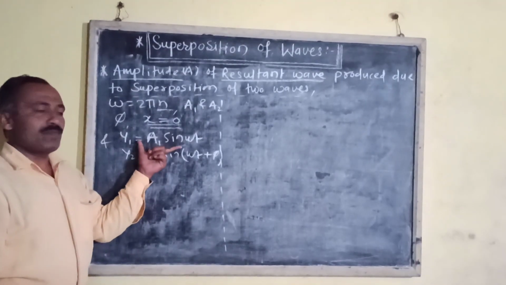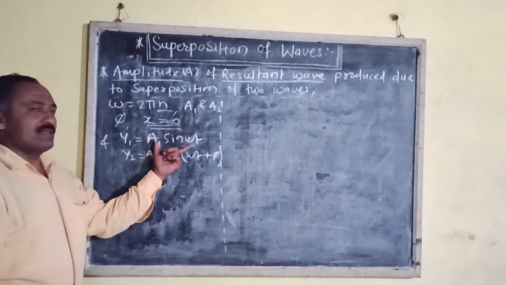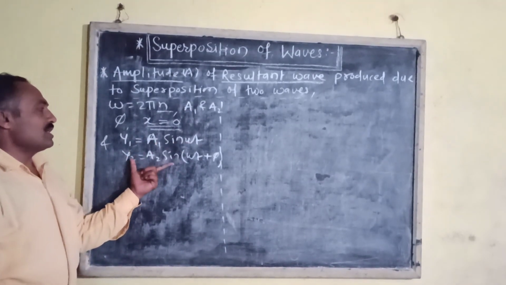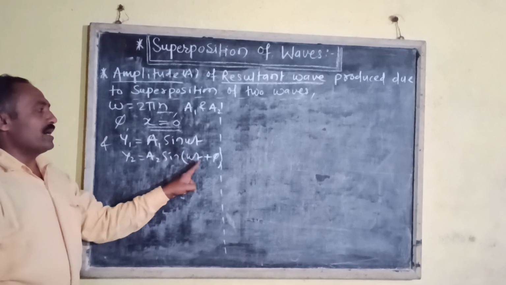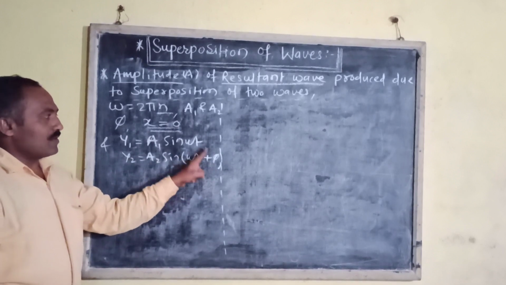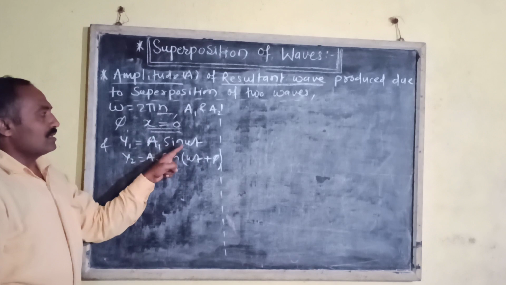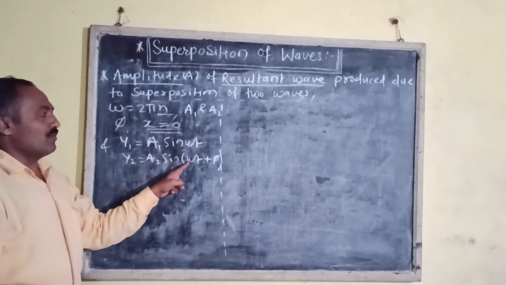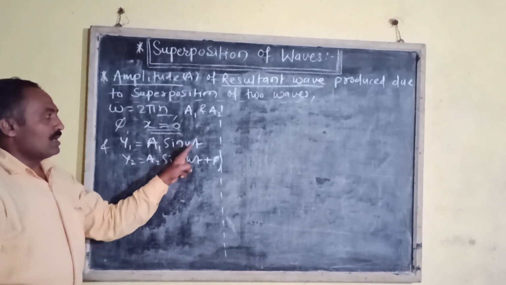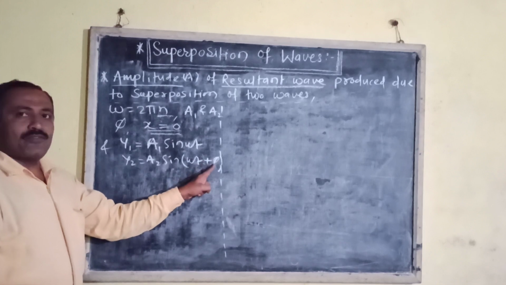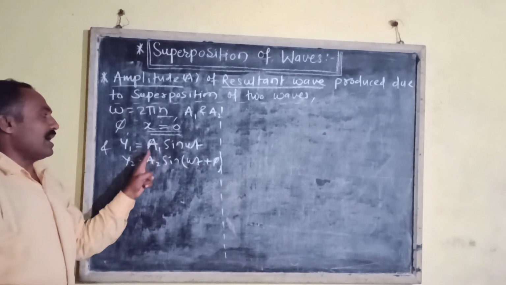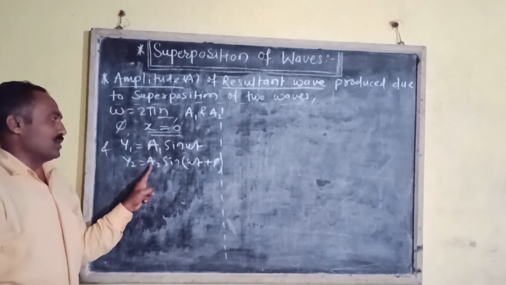That means from these equations it is clear that the frequency of both waves is the same. They differ by a phase phi, and a1 and a2 are their amplitudes.